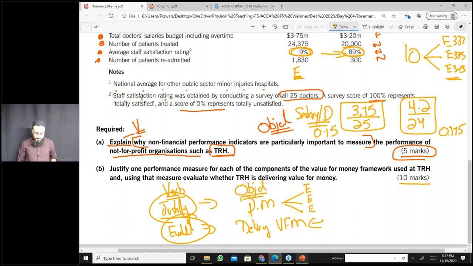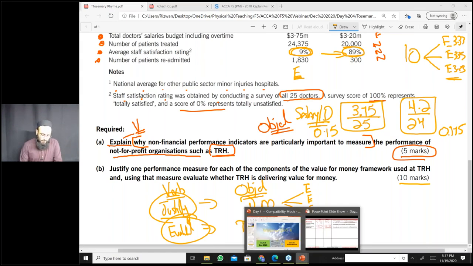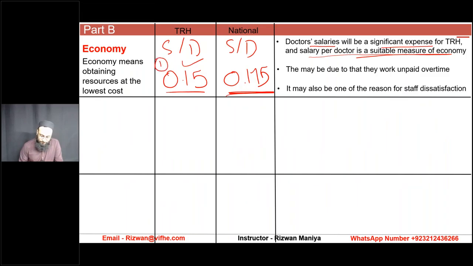So let me tell you the marking scheme. 1 mark for calculation, 1 mark for justification, 1 mark for assessing the performance. That makes 3. And 0.33 marks for a quick definition of economy.